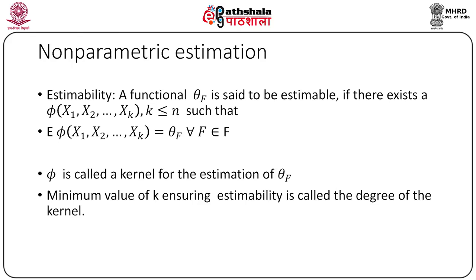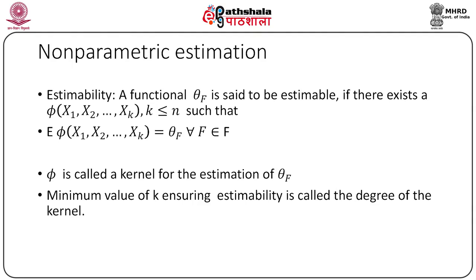Now, phi is known as a kernel of degree k because this phi involves k observations. This k is known as the degree of phi, and phi is called a kernel.